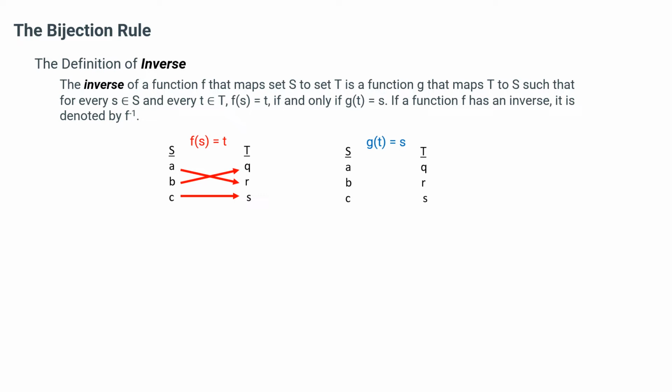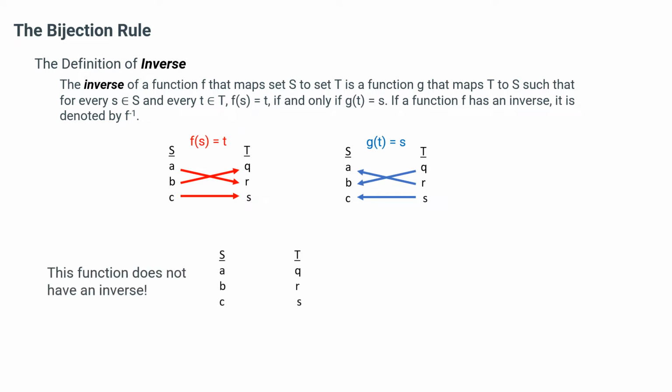And if we have this going on, where R maps back to A, remember A mapped to R in f, and now R is mapping back to A. And then Q maps to B, B mapped to Q in f, and now Q is mapping back to B. And S maps to C, C mapped to S in f, and now S is mapping back to C. So if that is, we're going to call it g, and if that's the mapping for that, then we would have to say that those two are inverses, right?